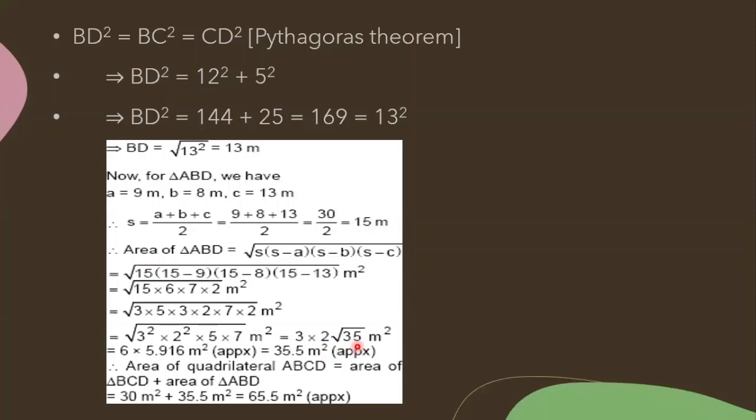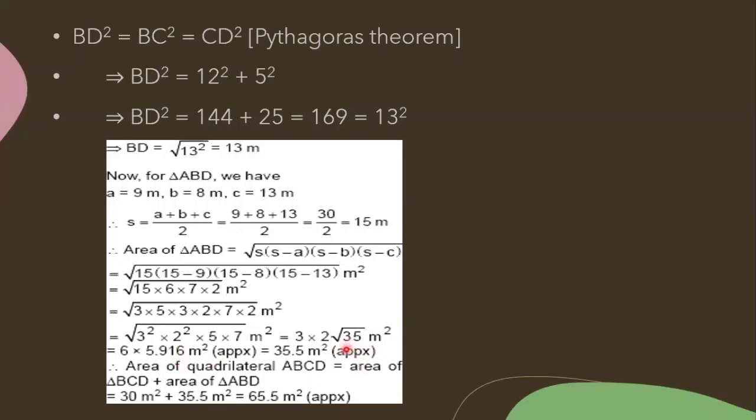Am I clear, children? In grade 8 you people have learned how to find root 35 by using long division method. So you people just recall that once I did root 35 long division, I got 5.916, up to 3 decimals I have done. Up to 3 decimals because root 35 is an irrational number.